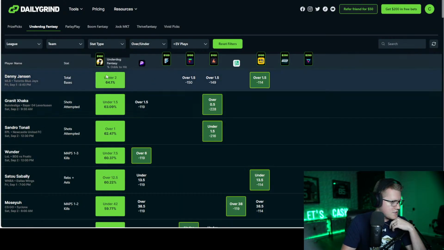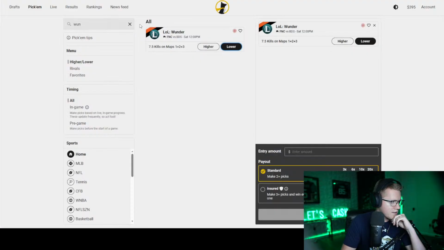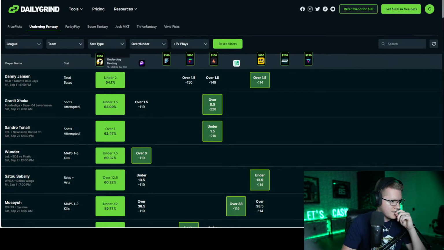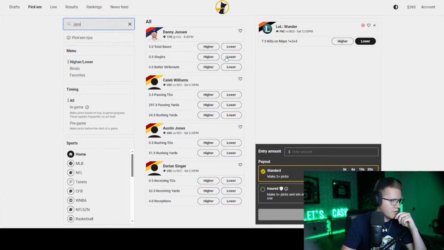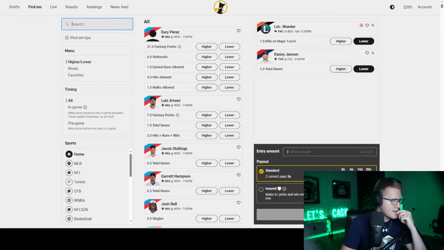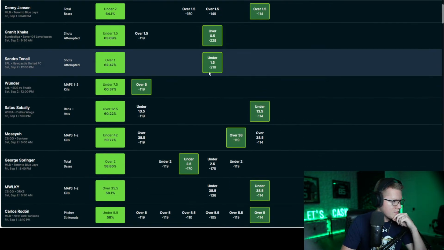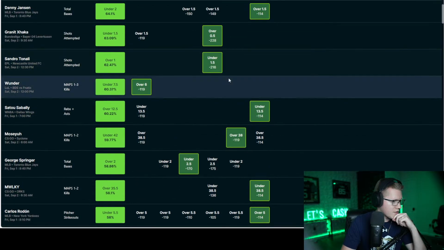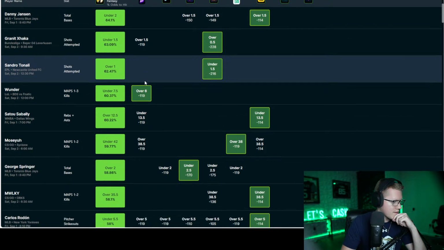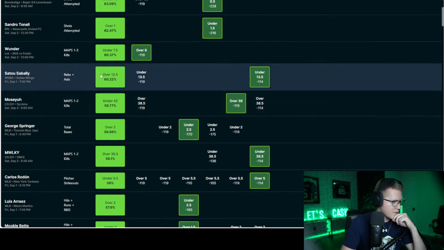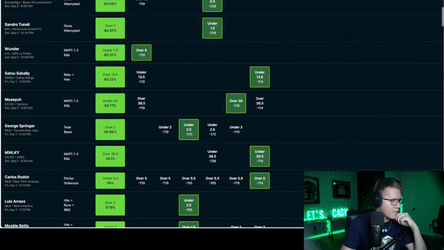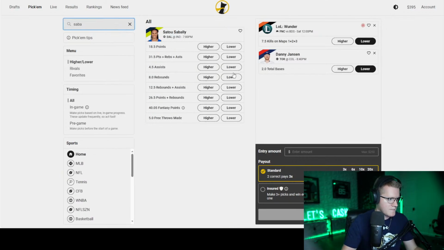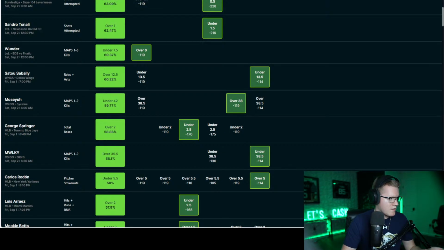Underdog. Ooh, Danny Jansen. Look at that. That looks like a good play. Jansen, under 2 total bases. And then, I could do this one. This one looks great. Sabale over rebounds and assists. Sabale over 12.5.